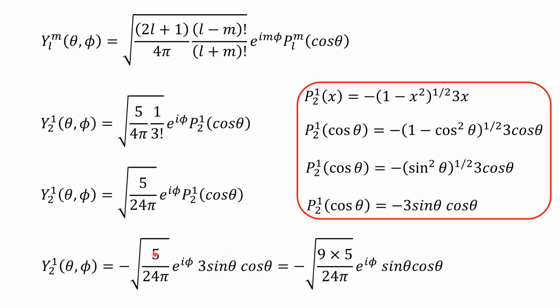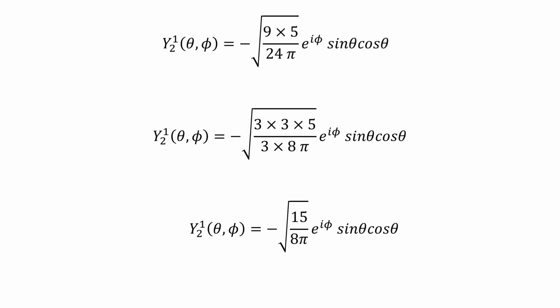So I replaced P21 as minus 3 sine theta cos theta. The 3 I am bringing inside the square root, that will become 9. 9 into 5 divided by 24 pi, and the remaining things are here. So we have seen this expression. Now I am writing 9 as 3 into 3 and 24 as 3 into 8.